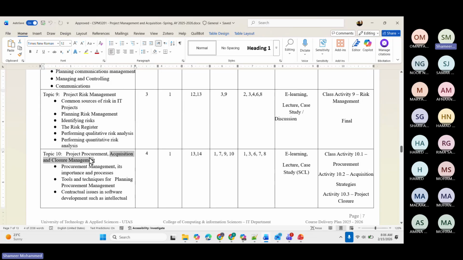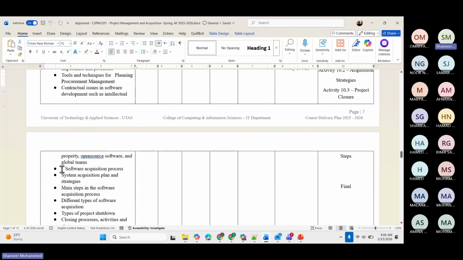So this is the 10th lecture. What you will study is how to procure the services, how to acquire the services and close them. That is, you agree to some contract in the beginning of the project, so at the end of the project, you have to close that contract. That is this lecture 10.